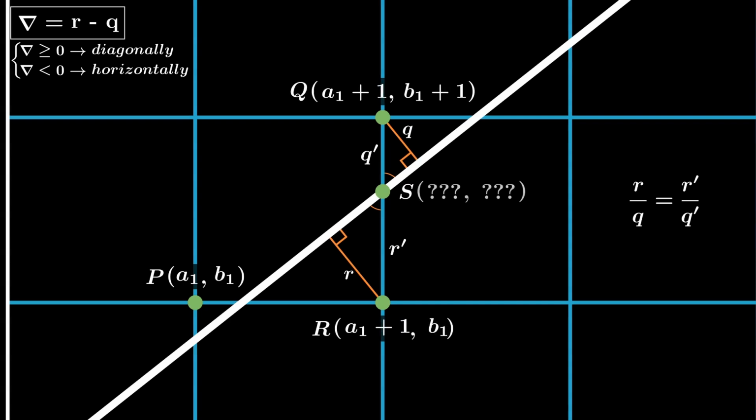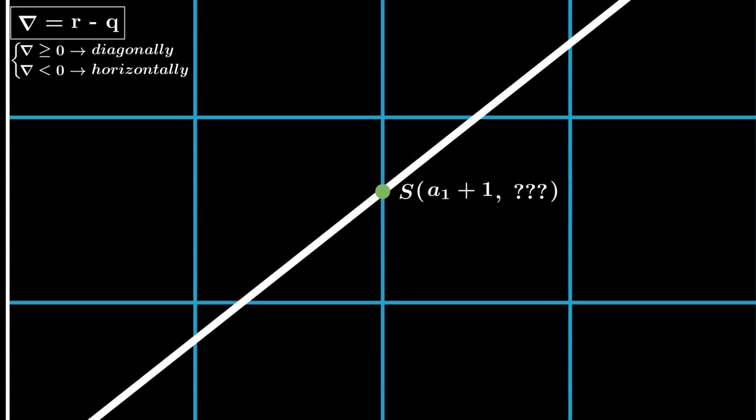As for S, we can find its horizontal coordinate, which is the same as Q and R, A1 plus 1. But when it comes to the vertical coordinate, we will have to do some more work. We have earlier said that the point S is the intersection of the original line with the grid.